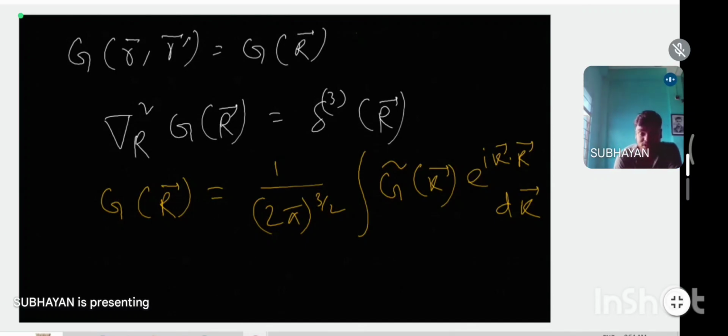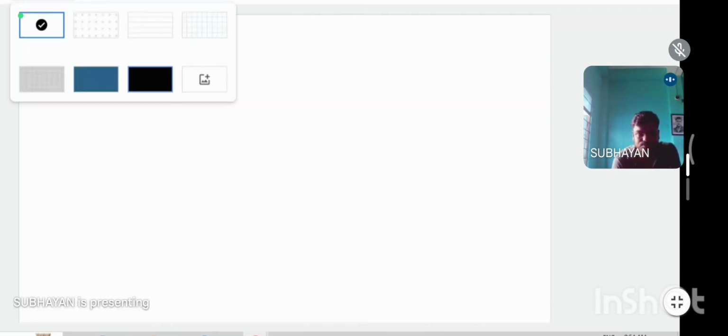You can put this Fourier transformed expression here, and after operating the grad R square, the derivative with respect to R will yield ik and another ik, which is minus k square.